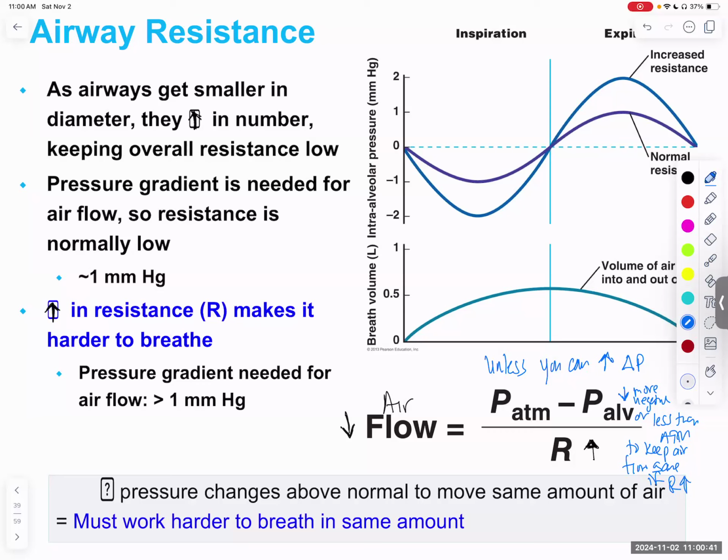So that's why if you see someone having an asthmatic attack or anaphylaxis shock, something that constricts the bronchioles, you're increasing resistance. And that increased resistance means you have to work harder to decrease the pressure in the alveoli, which means you have to really move your thoracic cavity out.